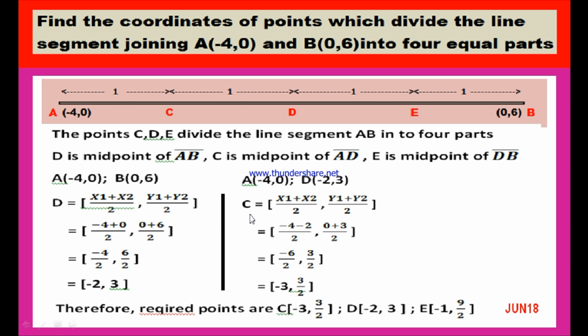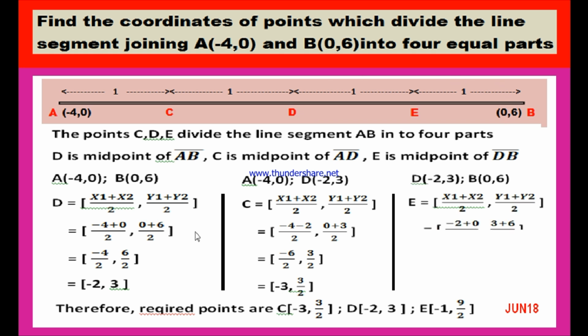So (-3, 3/2) are the coordinates of C. Now one more point is left, that is E. And how can you get E? Yes, if you look at the diagram, E is the midpoint of DB. We have the coordinates of D (-2, 3) and we know the coordinates of B (0, 6).